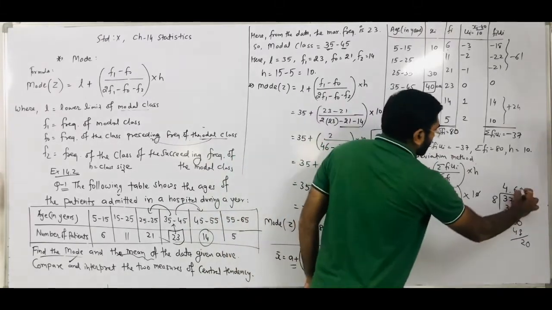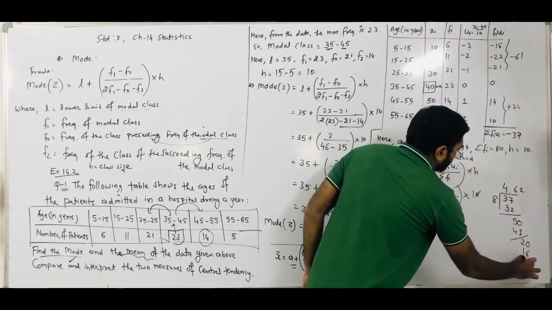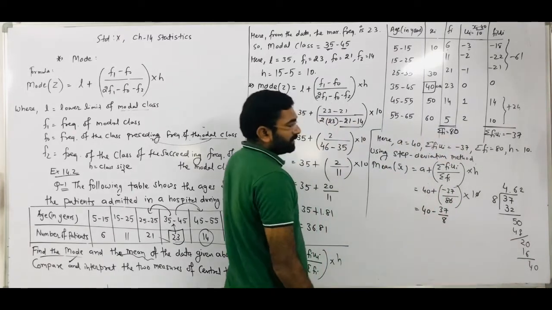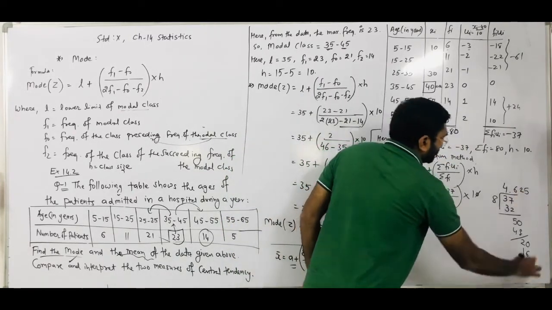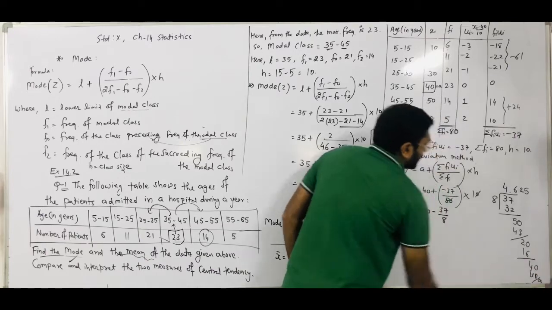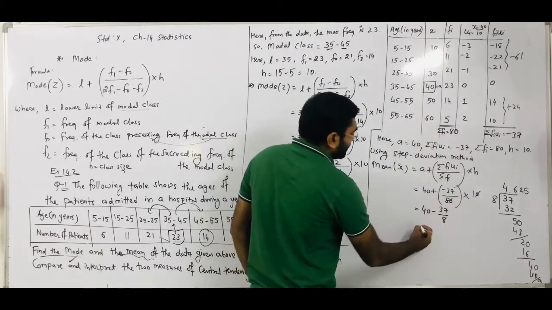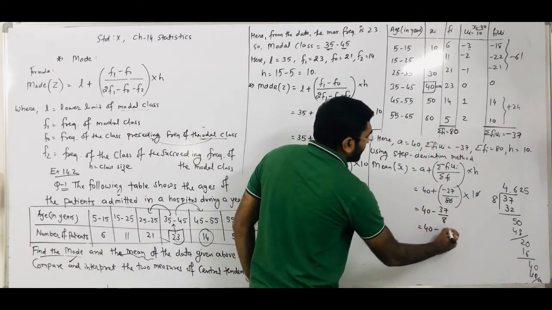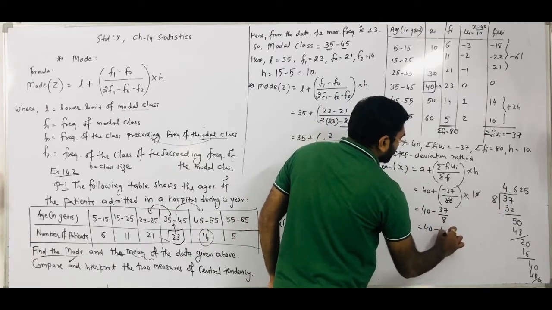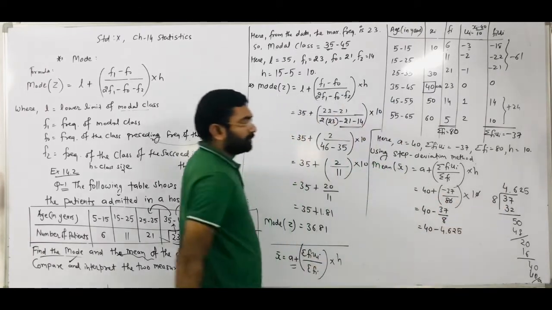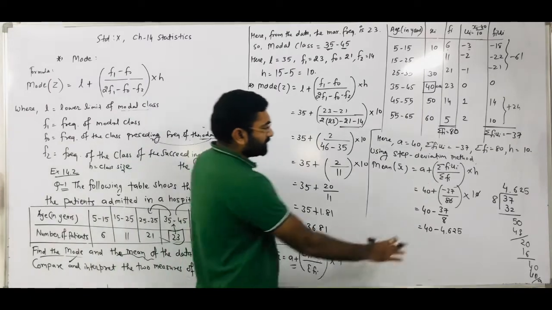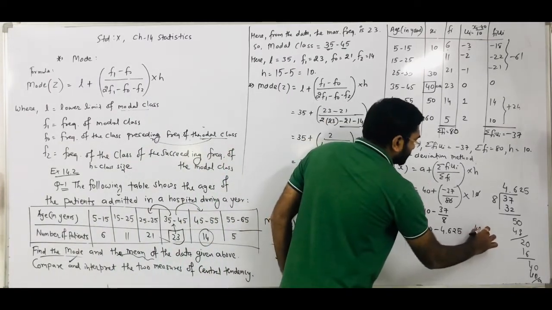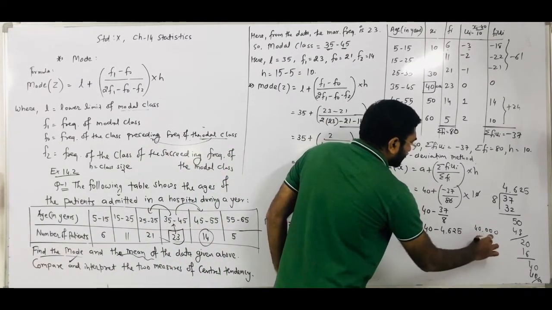Then 8 2s are 16. Then 4 is remainder, 40. 8 5s are 40. Then we get 0. Right? So the division of 37 divided by 8 we get as 4.625. So its subtraction we have to do here: 40.000 minus 4.625.